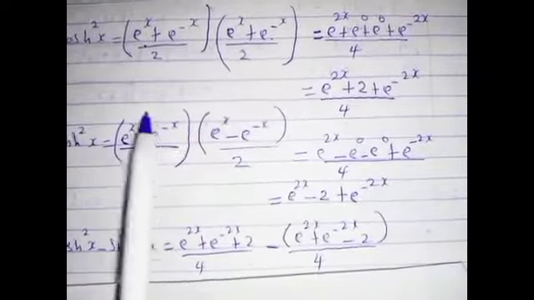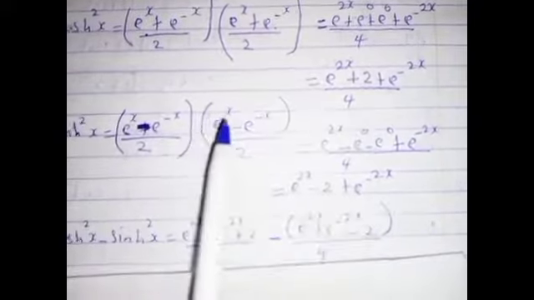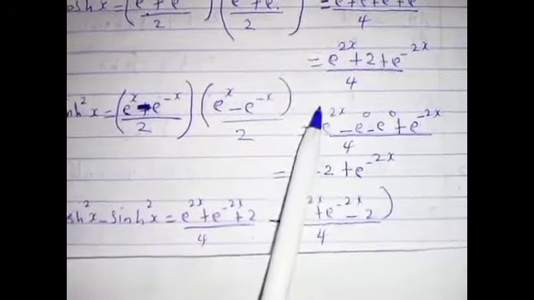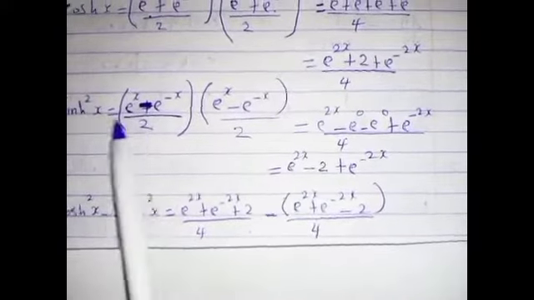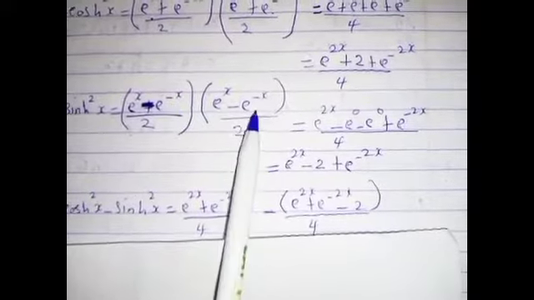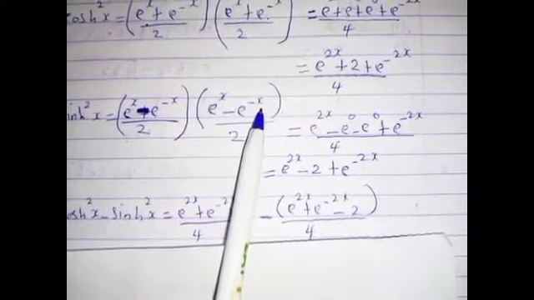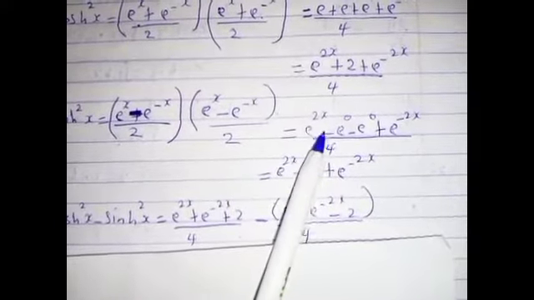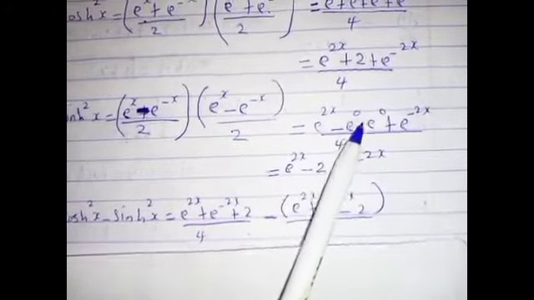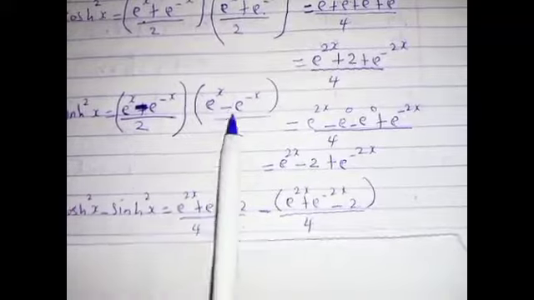Again, we remove the bracket by multiplying e to the power x times e to the power x, which gives us e to the power 2x from the laws of indices. e to the power x multiplied by negative e to the power negative x will give us minus e to the power 0 from the laws of indices.